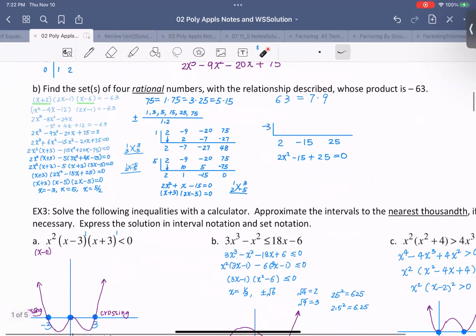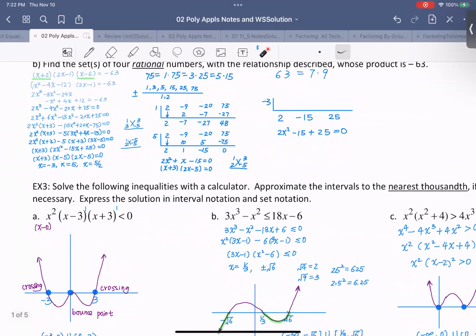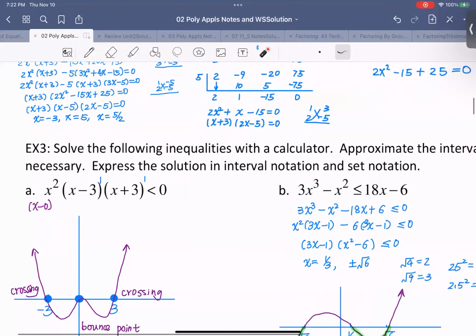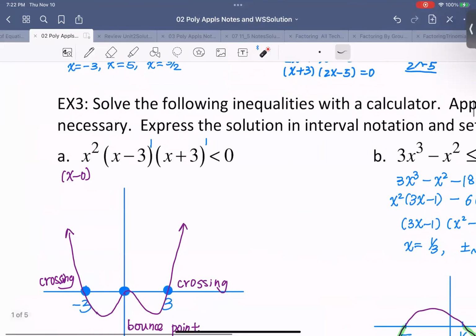Next one. We will talk about solving inequalities. I will give the first example. They want you to solve this inequality: x squared, x minus 3, x plus 3.